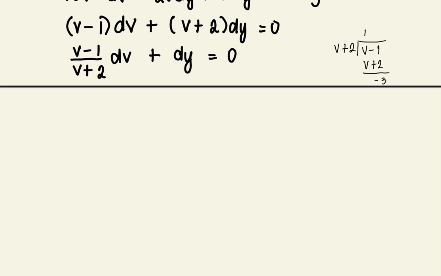So our DE is now (1 minus 3 over v plus 2) dv plus dy equals 0.